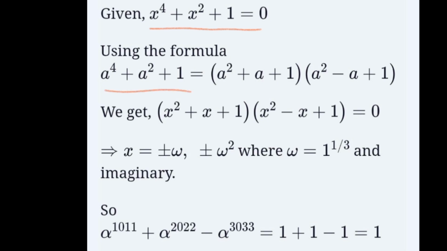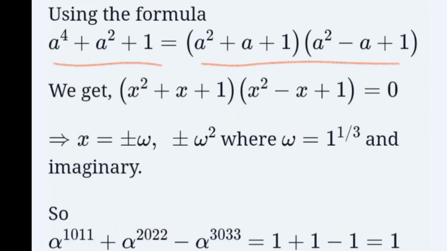So split into two equations, (x square plus x plus 1)(x square minus x plus 1) equal to 0, where x square plus x plus 1 has roots omega, omega square. So x square minus x plus 1 has roots minus omega, minus omega square. Finally x is equal to plus or minus omega, plus or minus omega square are the roots.